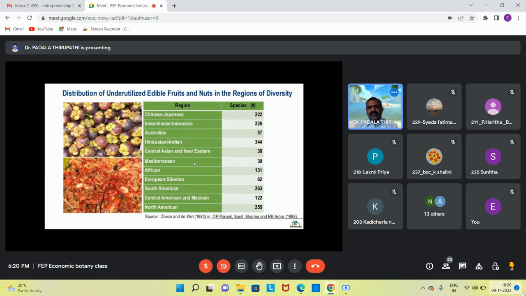South America and North America are also nearer to India as rich sources of edible fruits and nuts in diversified species in the different regions of America. But among all these regions, only India has the richest source of edible fruits and nuts. So that's why we are very lucky, my dear students and my dear friends.